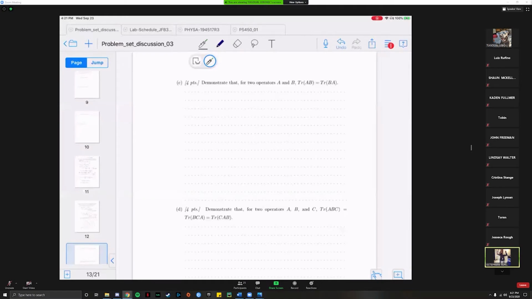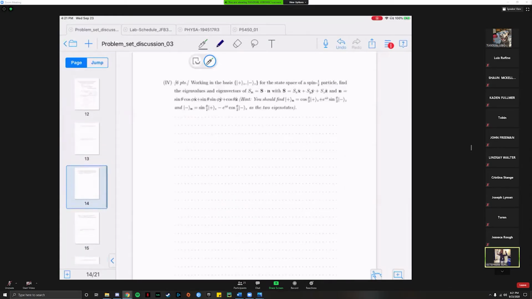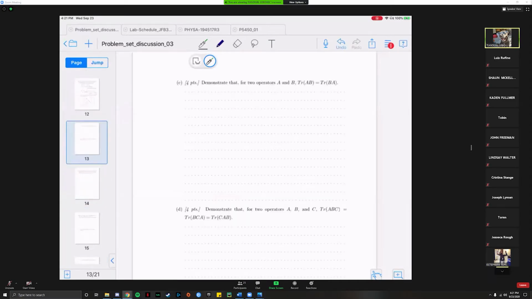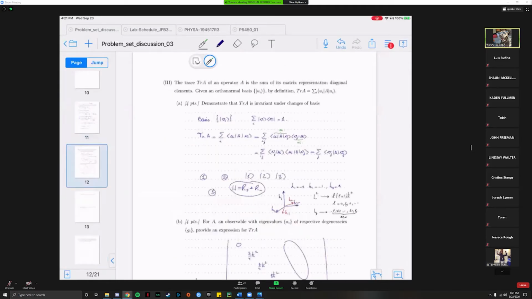Number 3. It seemed pretty straightforward, apart from whether we were assuming the operator B on parts... Okay, no, you have to slow down. 2, 3, like this one?